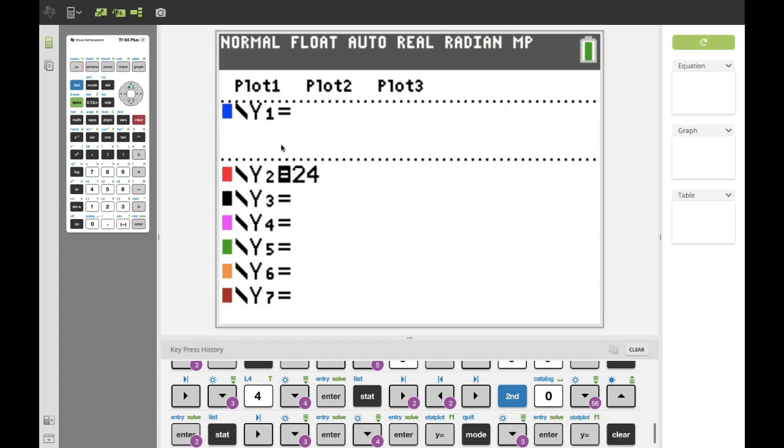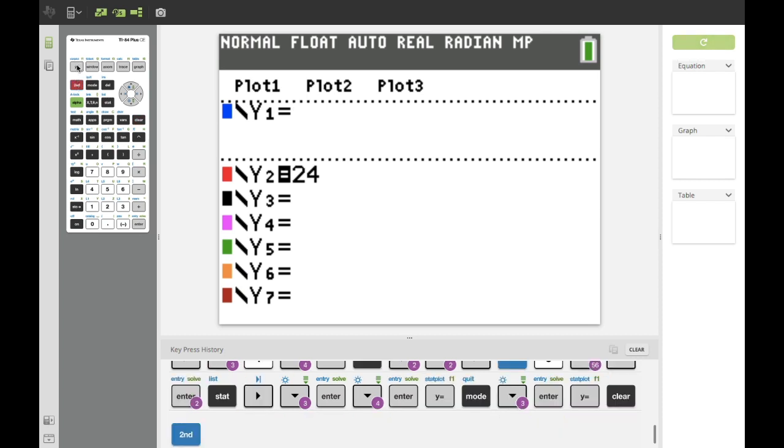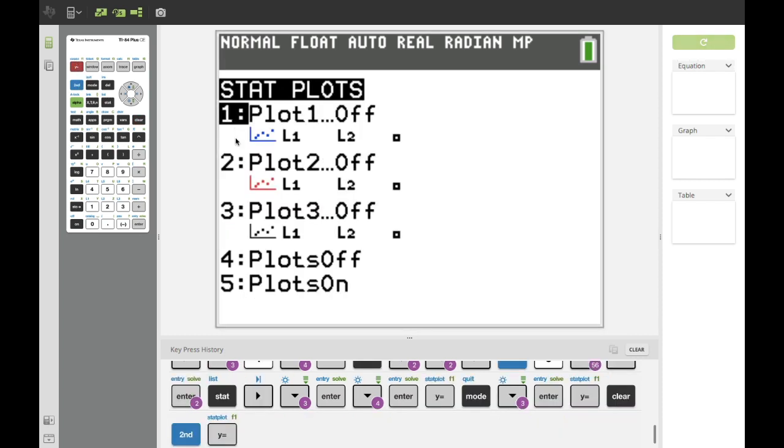So for those who do not know, what you can do is press second and stat plot. Check on stat plot. Our data was encoded under L1 and L2, right? So you can just choose the number one.